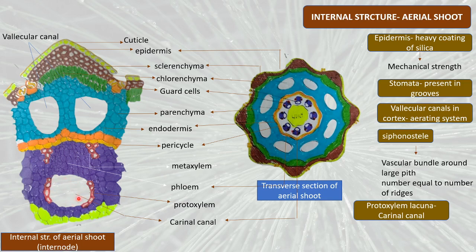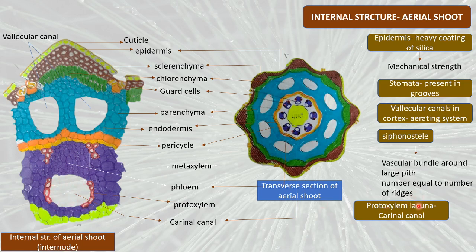So this carinal canal is arranged on the inner side of the vascular bundle, and it is mainly for the conduction of water, right? Sometimes what happens is that this protoxylem will totally disintegrate and form a protoxylem lacuna, right?